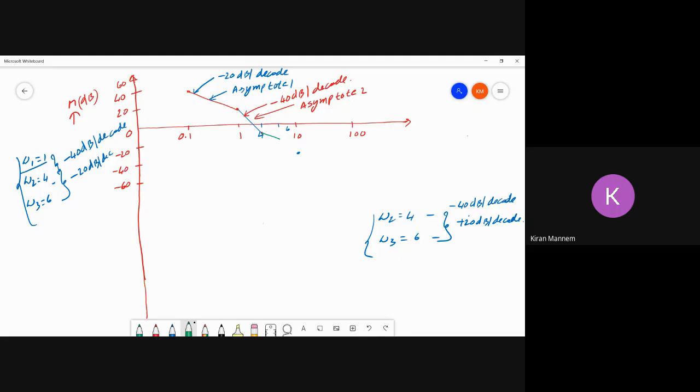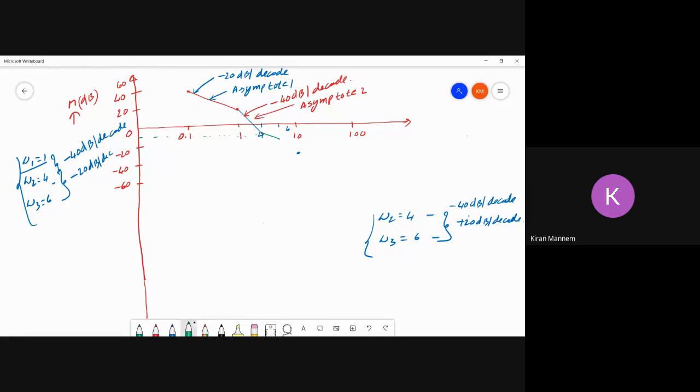So at omega equal to 4, assume you have some value, the real value, that for omega equal to 4, it is minus 12 dB. Sorry, let me tell you the real value.